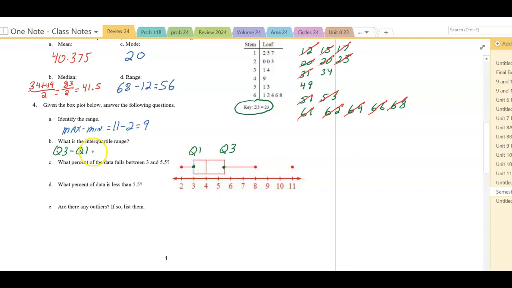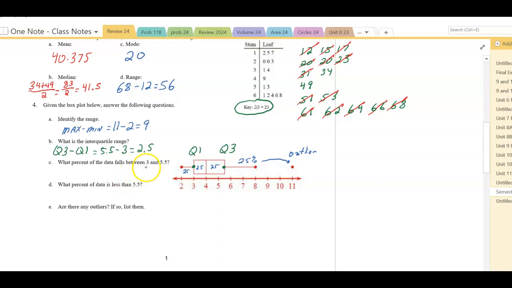So that's going to be 5.5 minus 3, which is 2.5. Remember, in a box and whisker, 25% of the data is in each box and each whisker. And this 25% does include that point, which is called an outlier.